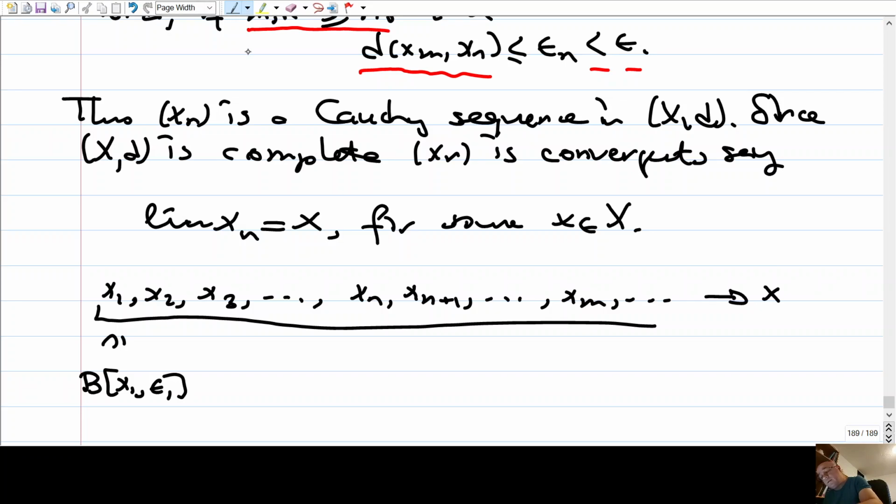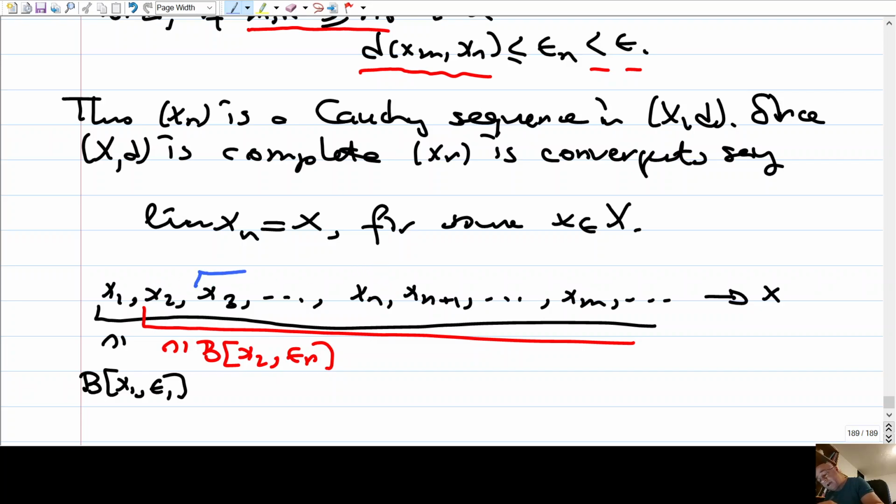And then starting from the second element, all of them lie inside B(x2, epsilon 2), and similarly all the elements starting from x3 and on lie inside this ball.